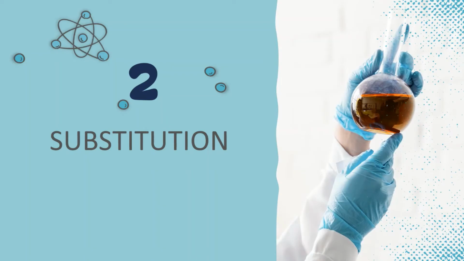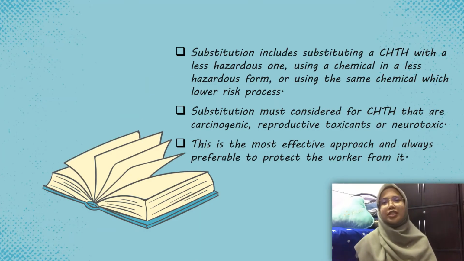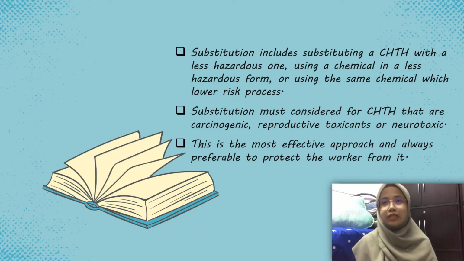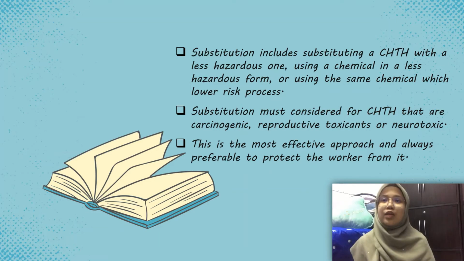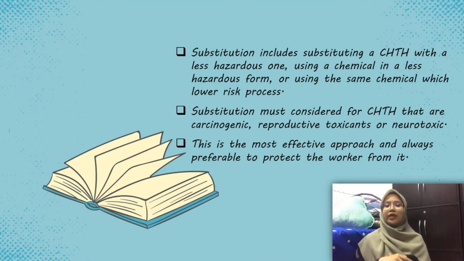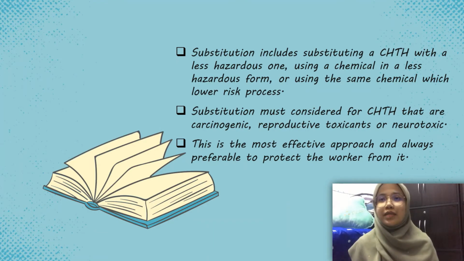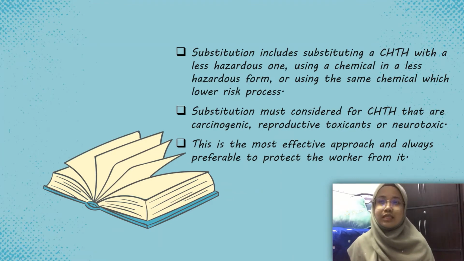Second, we go to substitution. Substitution includes substituting a CHTH with a less hazardous one, using a chemical in a less hazardous form, or using the same chemical in a lower risk process. Next point, substitution must be considered for CHTH that are carcinogenic, reproductive toxins, or neurotoxic.